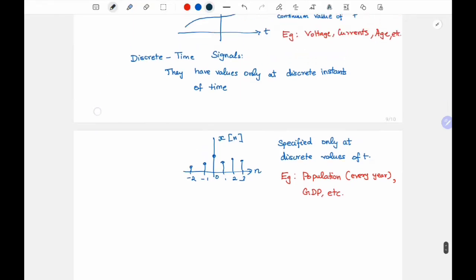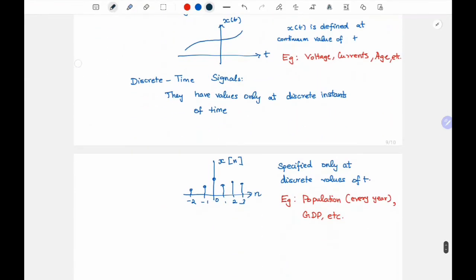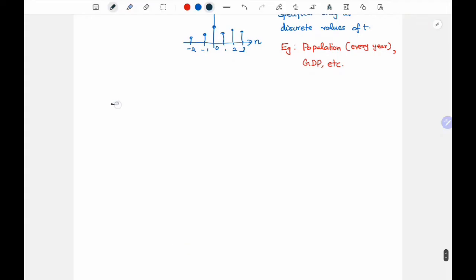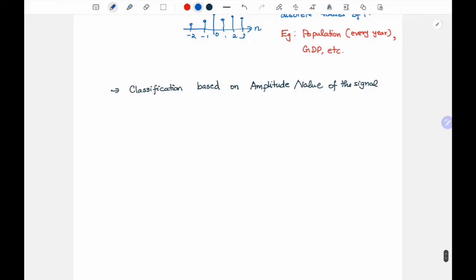So next is classification based on the amplitude or value of the signal. So again, they are divided into two types.